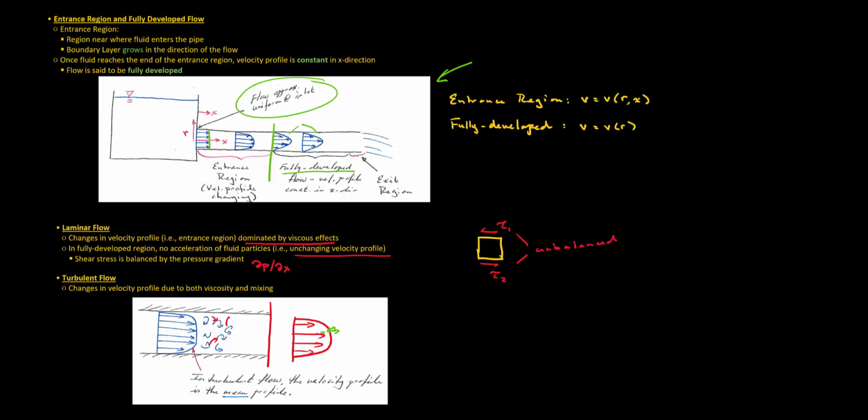Another thing to note is that turbulent flows have much fuller velocity profiles. Okay, so let's write this down. And again, we will get into this a bit more later on. So turbulent boundary layers are what we call fuller.